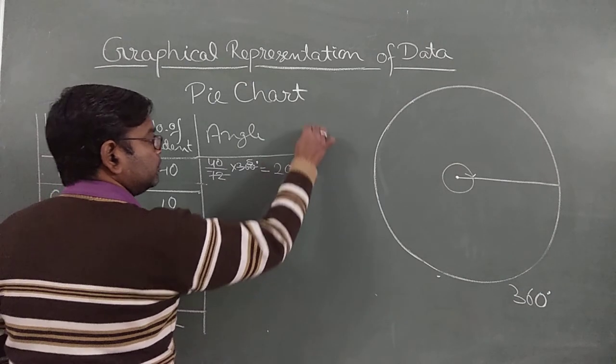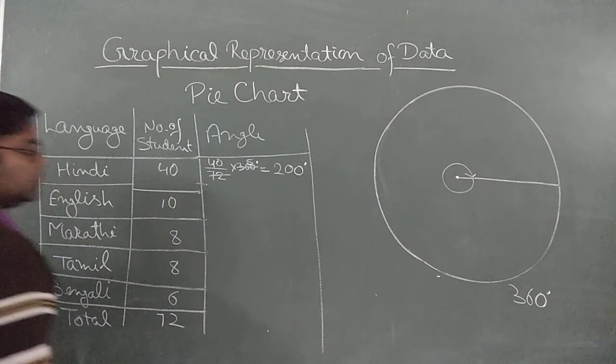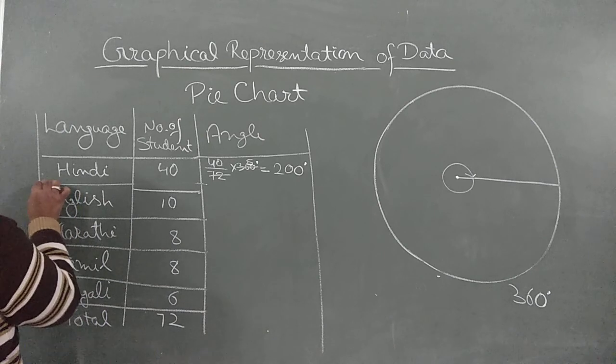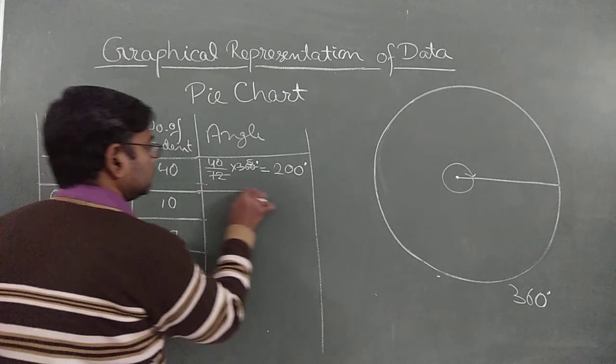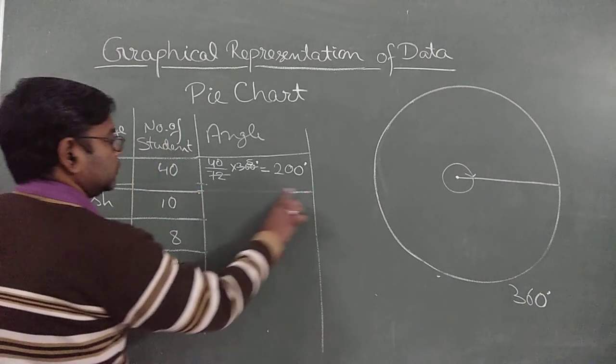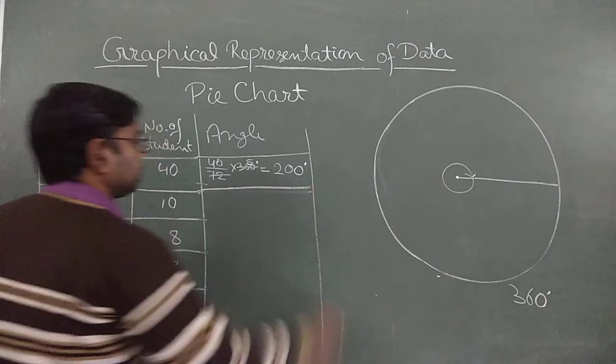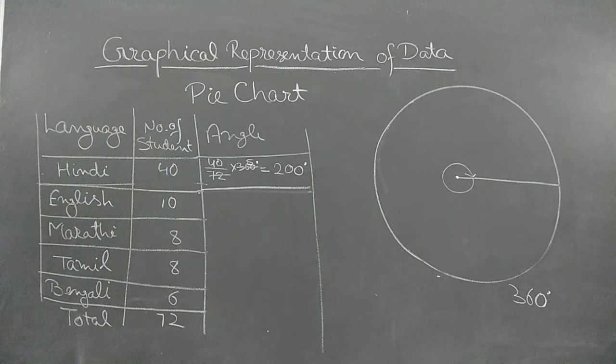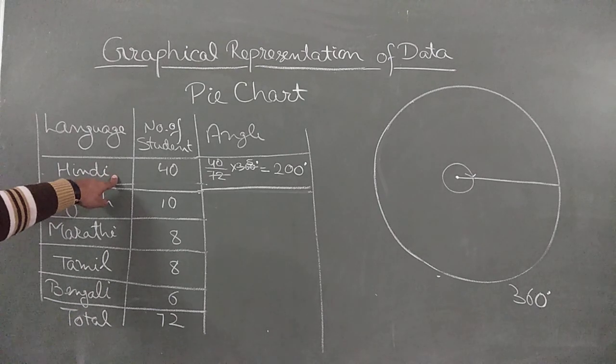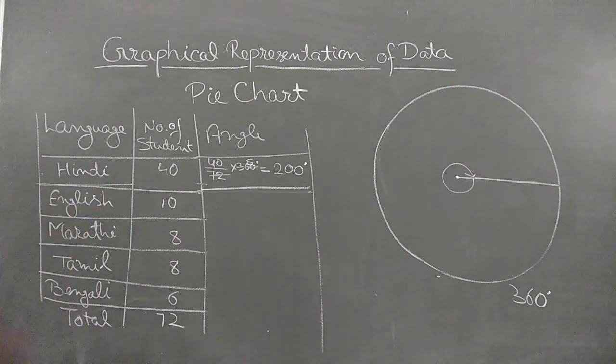This is the value of the angle. Clear? This part is used to draw the sector which represents Hindi. Now what about English?